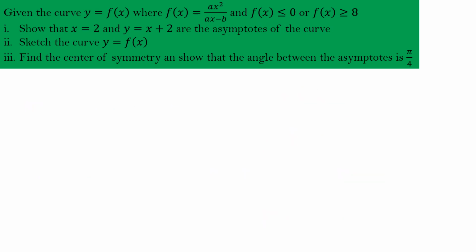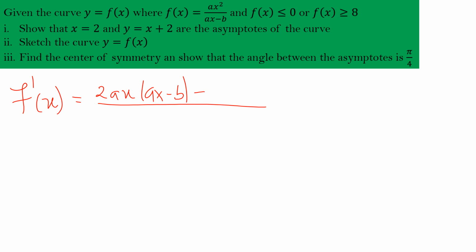Okay, so let's find f prime of x. F prime of x will be equal to, we are going to use the quotient rule. We need to differentiate the numerator. We have 2ax. We multiply it with the denominator, and then we subtract from it. We now differentiate the denominator.